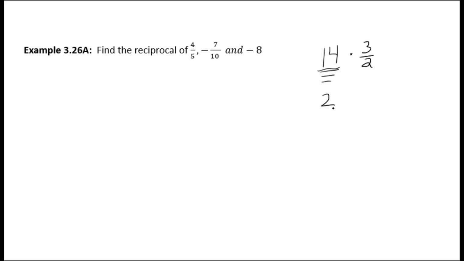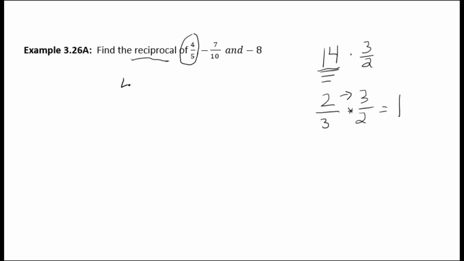And 2/3 and 3 halves are called reciprocals because when you multiply them together straight across, you get 1. So a reciprocal is the number that when you multiply by it, you get 1.